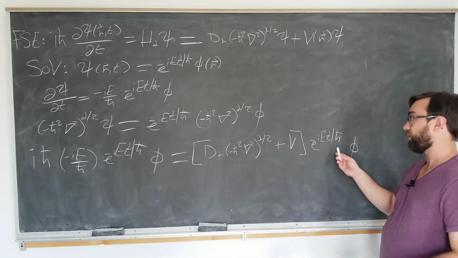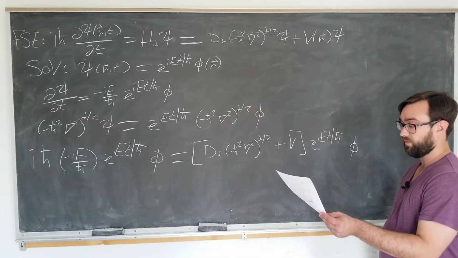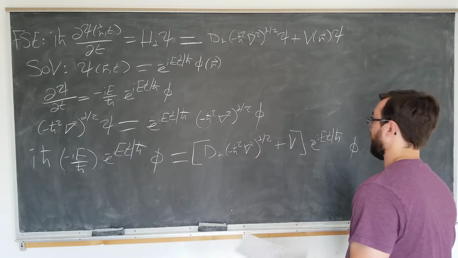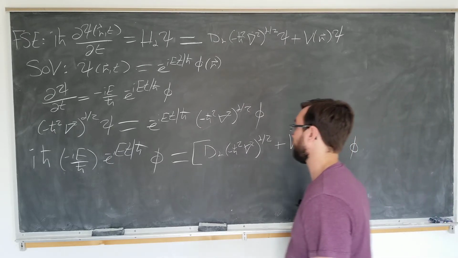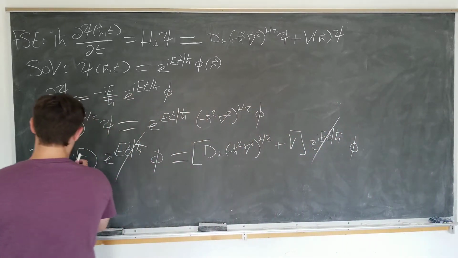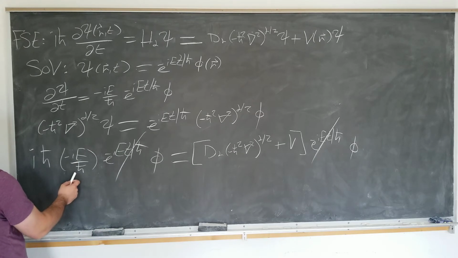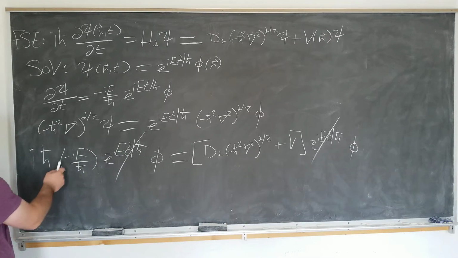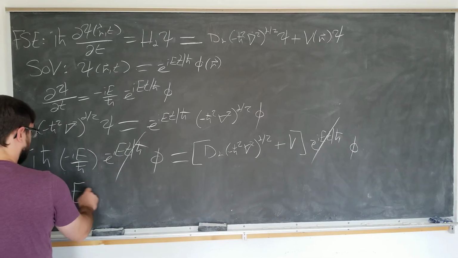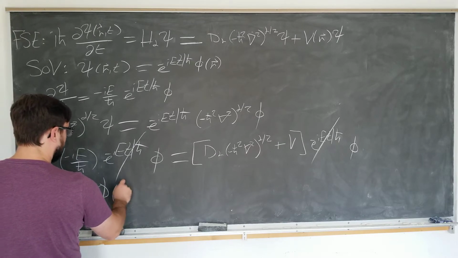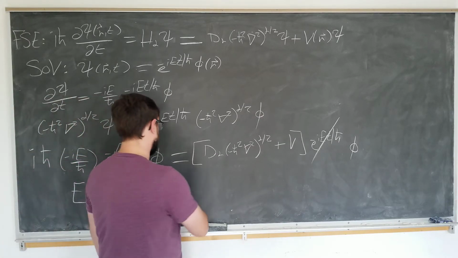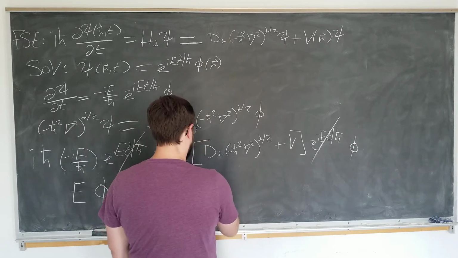And since the exponential function is never equal to 0, we can just simply go ahead and divide it. Excellent. We're also going to simplify this here. We're going to put the i down here. So the i h bar is going to cancel with the i h bar to obtain that E phi of r is just equal to H alpha phi.